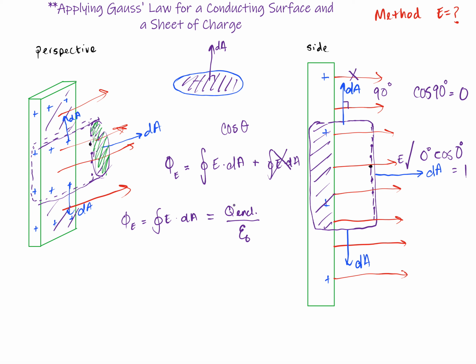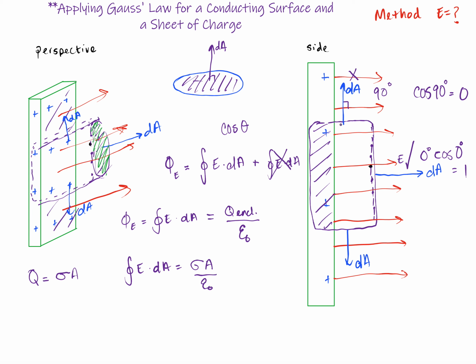And so a better way to write that, remember, would be to describe it in terms of the charge density and the area in this case, because I'm dealing with an area on the side. So it's going to look something like this. I'm going to write the integral of E dot dA, and I'm going to plug in sigma A for the enclosed charge over epsilon naught.